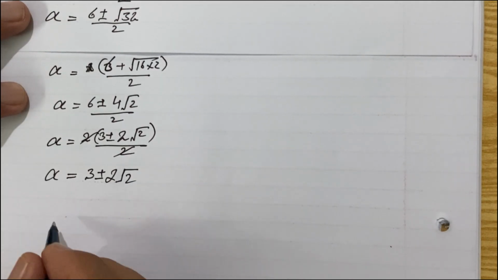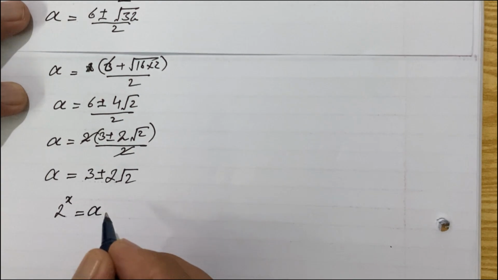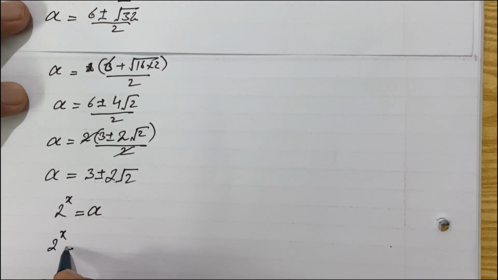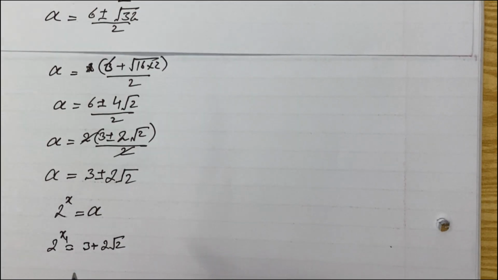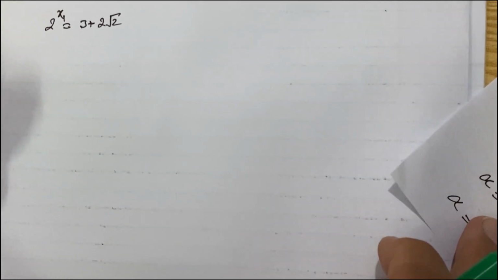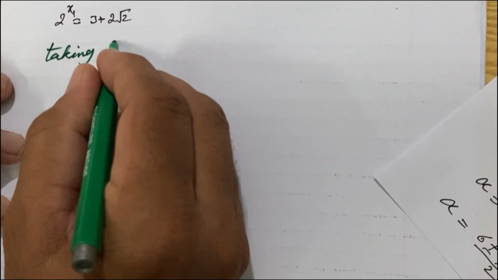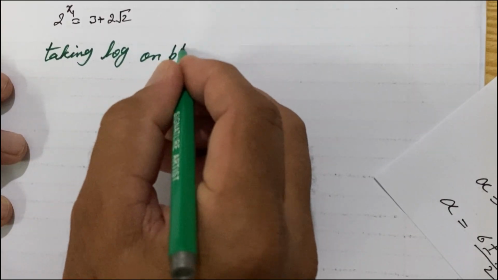Now, 2 raised to the power x is equal to a. 2 raised to the power x1 is equal to 3 plus 2 under root 2, and taking log on both sides.